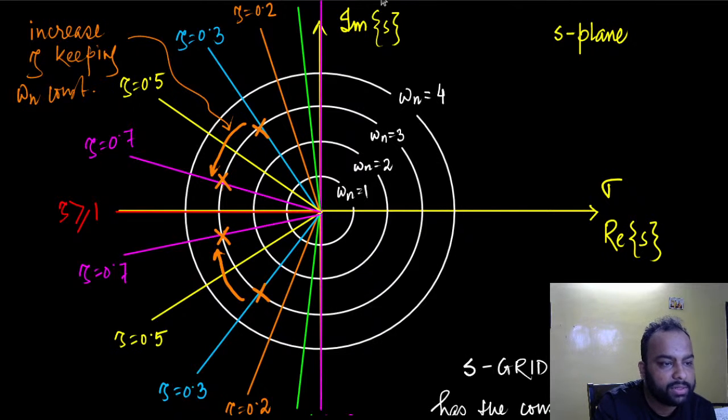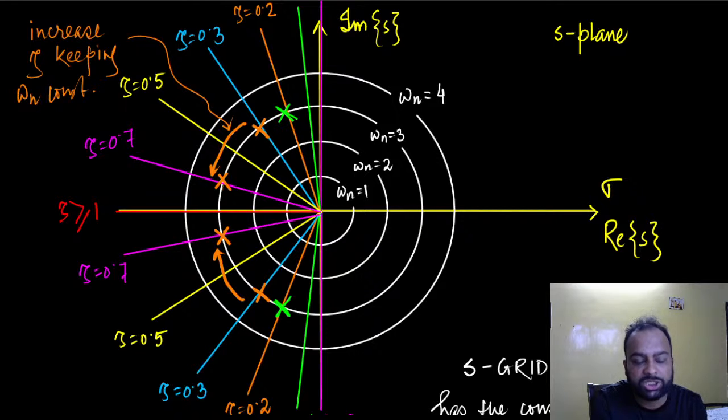Also, say I have a pole pair here and here, drawn with green. This system has a damping ratio of 0.2 and an undamped natural frequency of 3 radian per second.